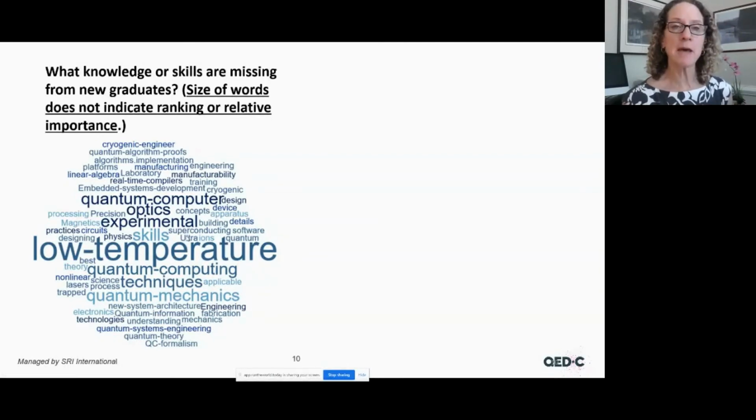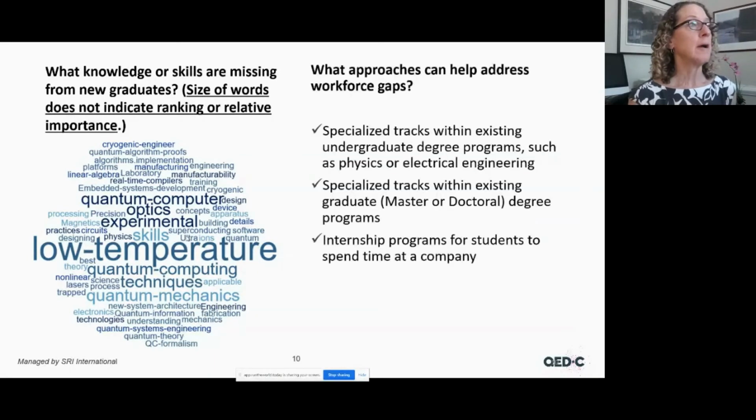And when we asked them, how do you think that it would be best to equip the graduates or students with the skills that you're looking for, they gave these answers primarily. Number one, add specialized tracks to existing undergraduate or graduate programs.